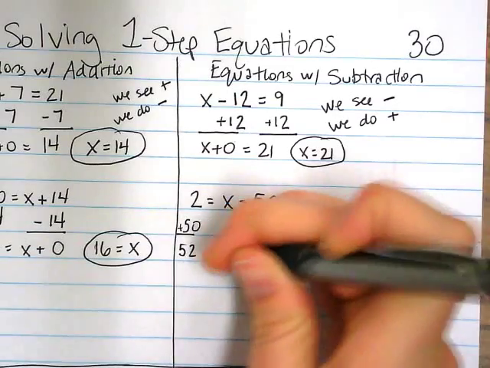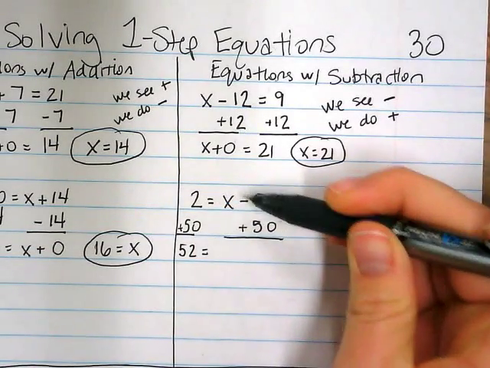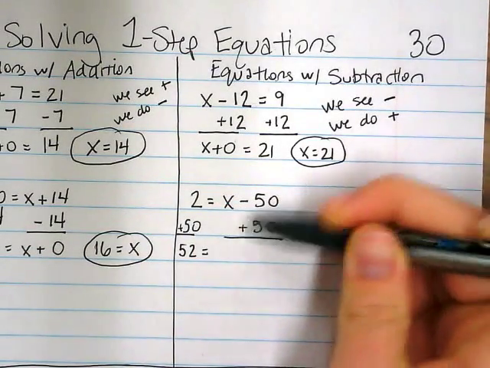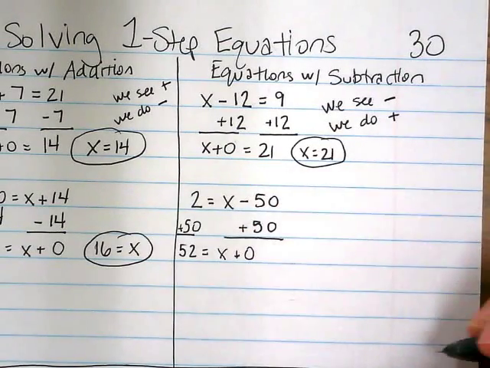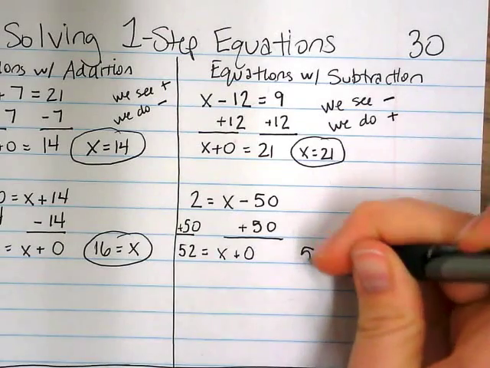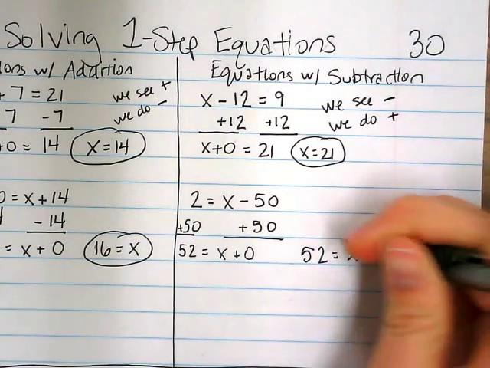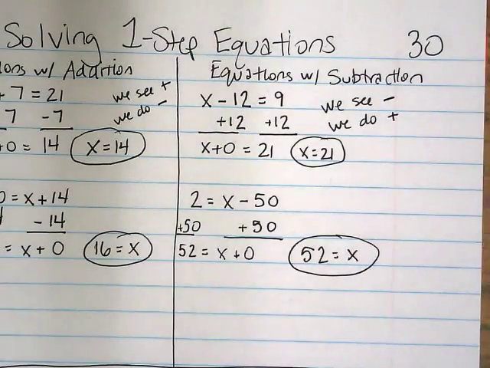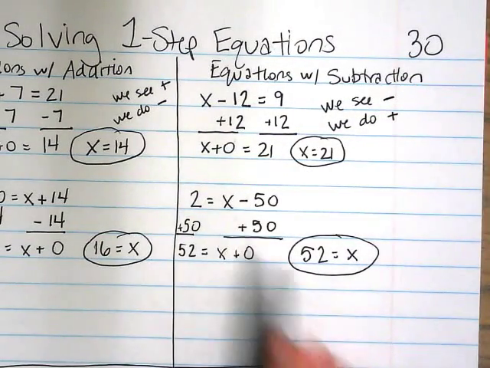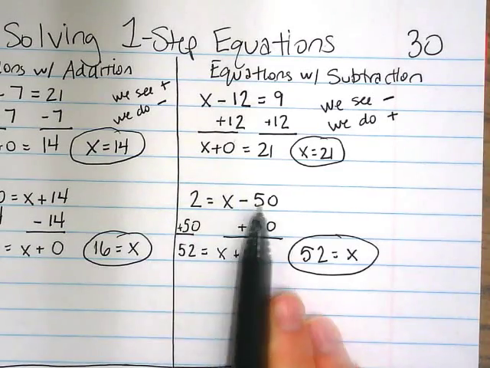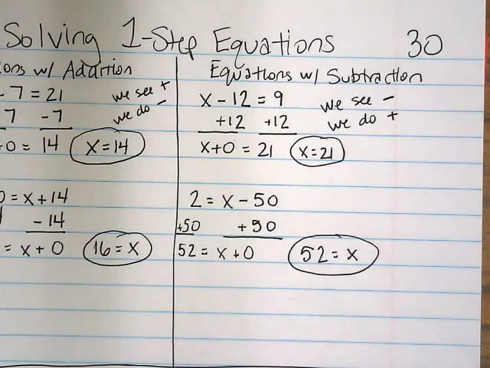Over here, x minus 50 plus 50 is just equal to x plus 0, which we could rewrite as just 52 equals x. And we can go back in and check this. X minus 50 would be 52 minus 50, which does equal 2. So plugging it back in, we know we got our answer correct.